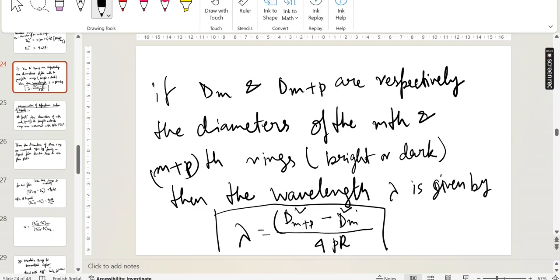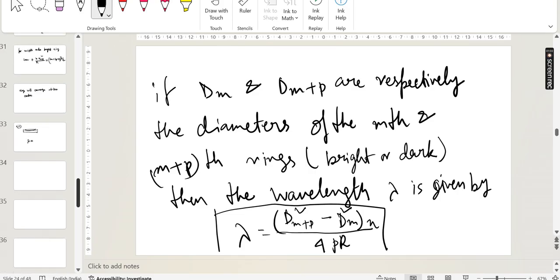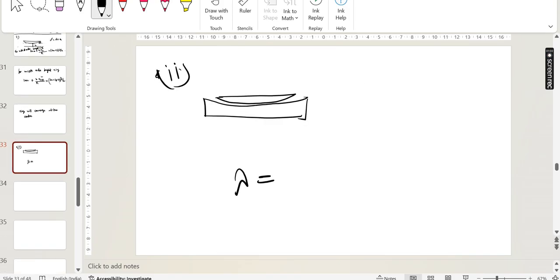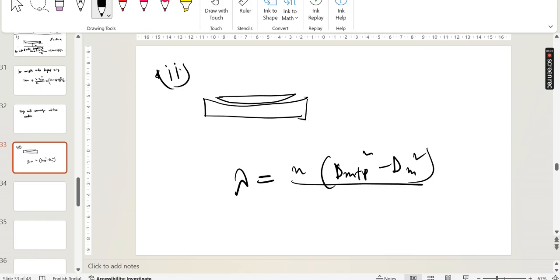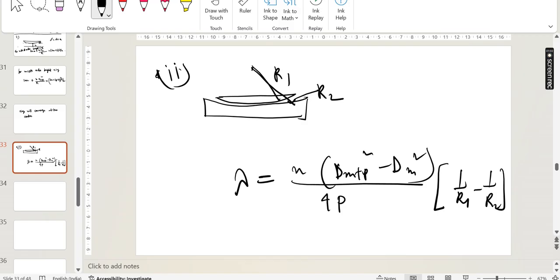Here also for refractive index we'll get n. Here we get n D_(m+p) whole square minus D_m square by 4p, 1 by R1 minus 1 by R2. So what is R1, what is R2? So basically this is R1 and this is R2.